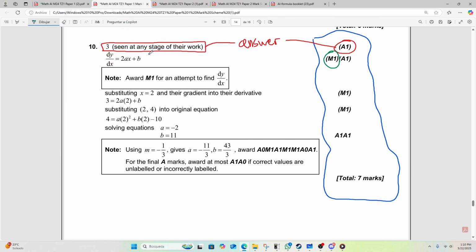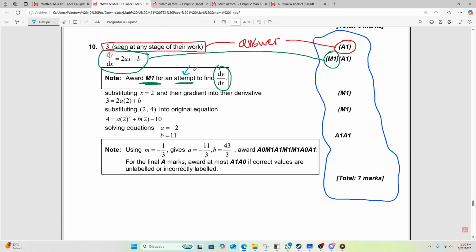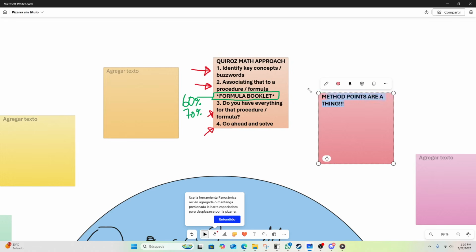And this method point here has everything to do with doing the right approach. Look, award a method point for attempting to find the derivative. So just doing the attempt, just trying, if whoever's grading you can tell you're trying to get the derivative, you get a method point. Look at that. Method points are a thing.